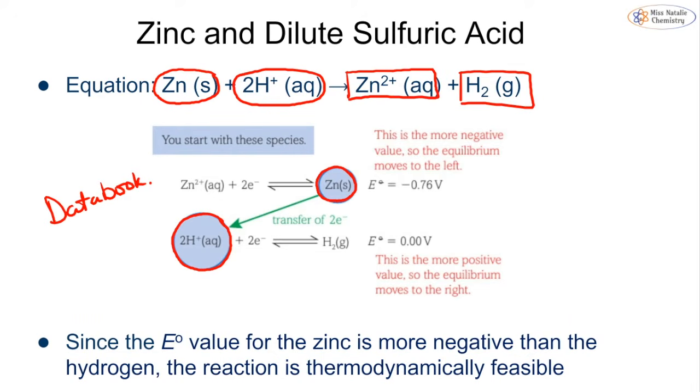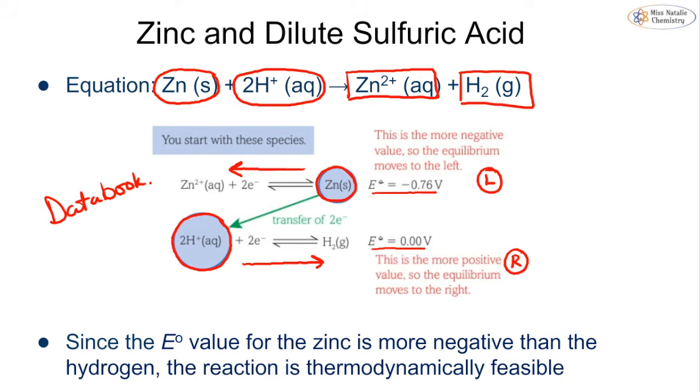So I'm going to look at the values and I'm going to figure out what way my equilibrium shifts. So with the zinc, it is more negative than the hydrogen. So this is going to shift to the left-hand side, making this the left-hand side electrode. And the hydrogen, with it being 0, is going to be moving to the right-hand side, making this the right-hand side electrode.